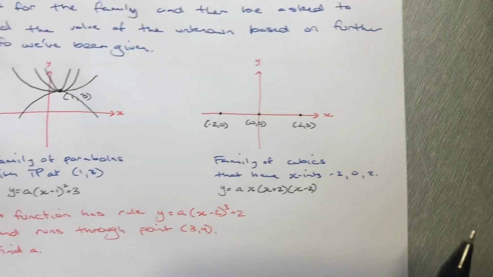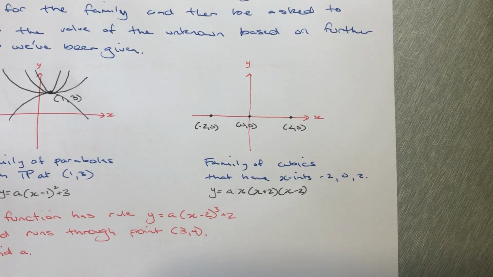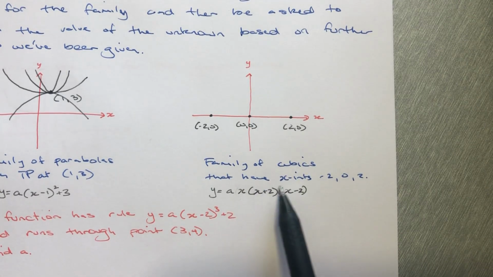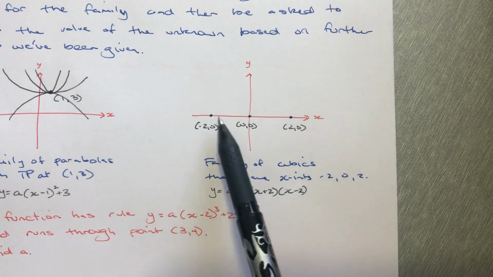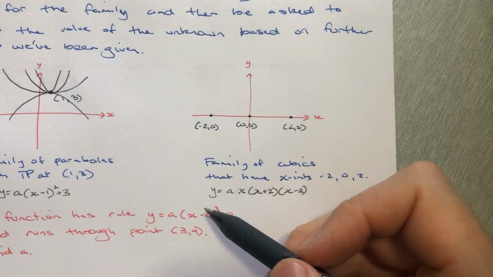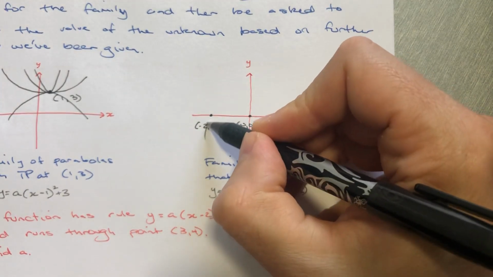Now if we look over at a cubic one, which is what we're more so looking at now, this rule here shows us a family of cubics that have these x-intercepts. Okay, so I've put them in already. So one of your curves could look like this.